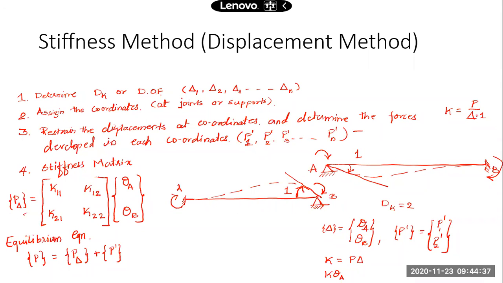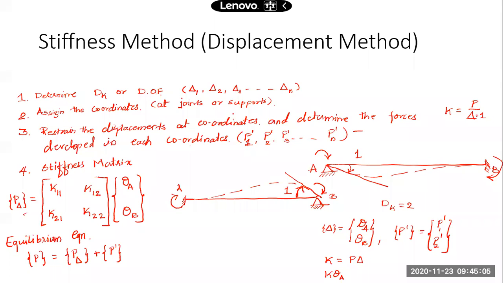Now, coming to the next thing, we are going to look into the equilibrium of the joints. At joint A, the net force will be equal to the force due to the displacements, which is P delta, plus the force due to the applied loads on the member. So it will be P delta plus P dash.